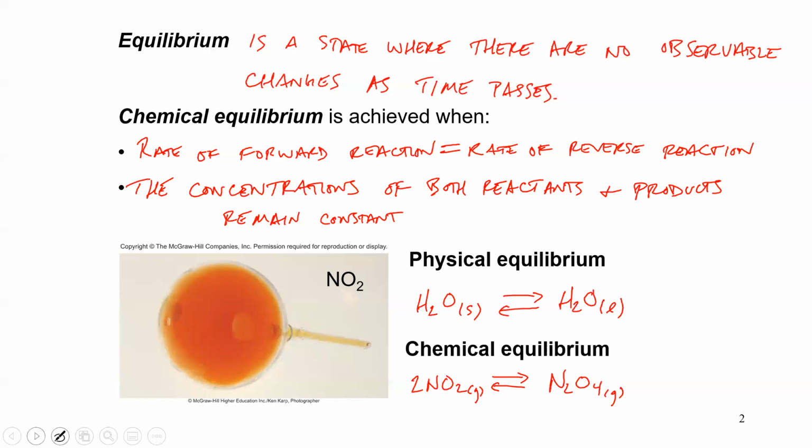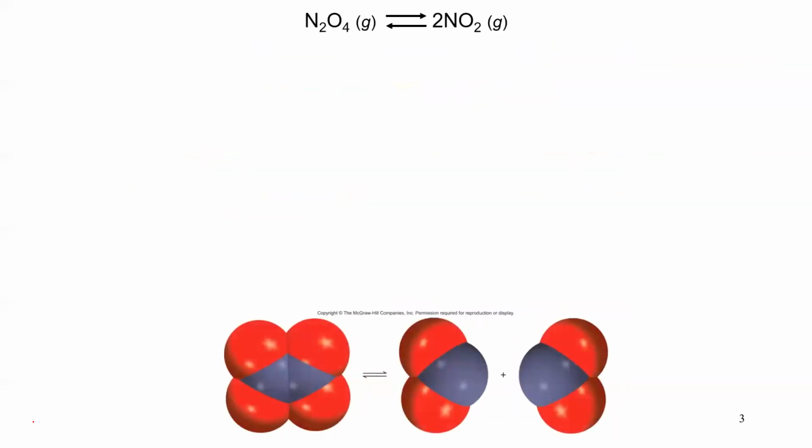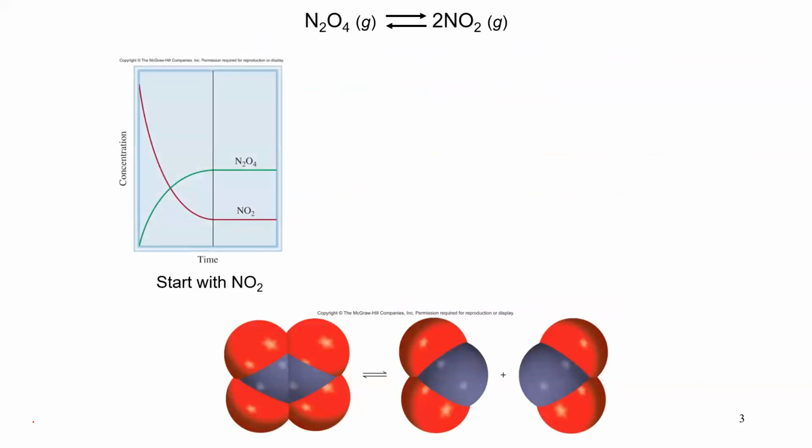So another way that we look at equilibrium, I've told you a lot, scientists like graphs, right? And so one of the ways that we look at equilibrium, in this example, if we start with just NO2, here we have a lot of NO2 at the beginning and we have 0 N2O4, and they react for a while, and over time we reach equilibrium, right?